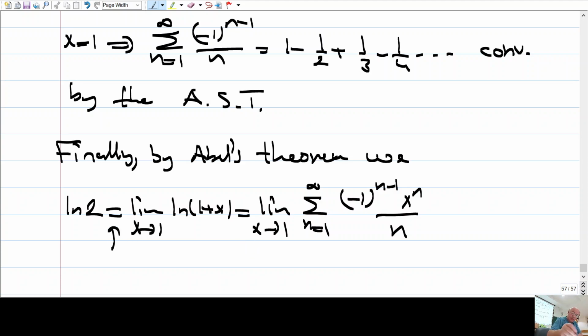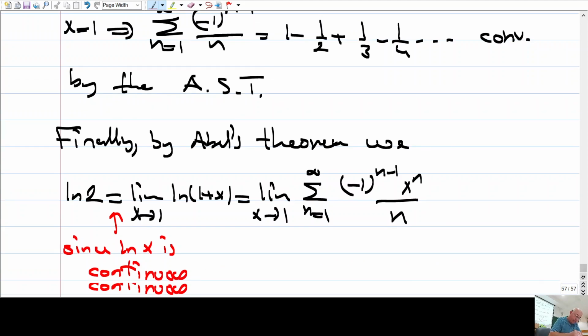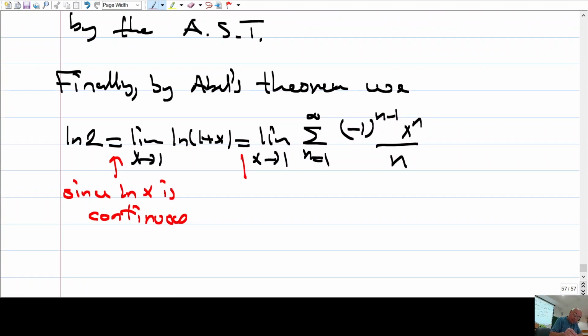So let me write the reasons why we have these equalities. Since ln x is continuous. And this is true because of the definition of limit.